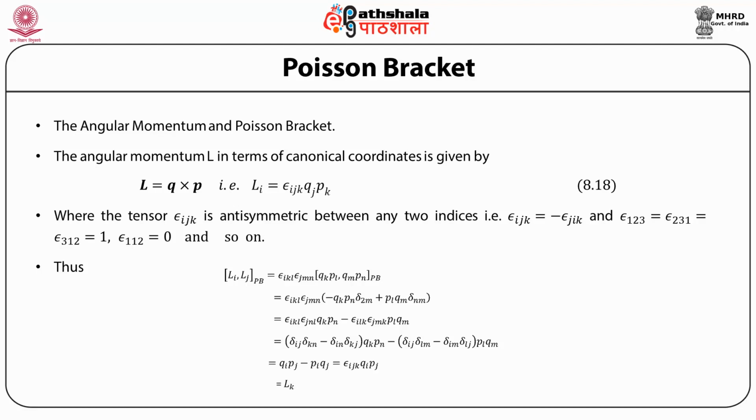Now expanding the Poisson bracket, we can see that this, along with the property of the epsilon, becomes QiPj minus PiQj, which is equal to epsilon ijk QiPj, and which is nothing but the kth component of the angular momentum. Thus, the Poisson bracket between the ith and jth components of angular momentum is equal to the kth component of the angular momentum.